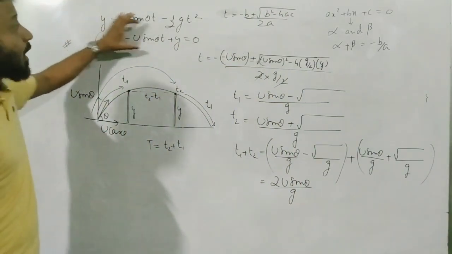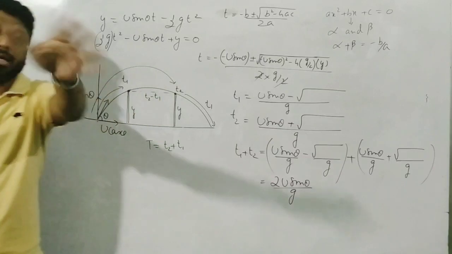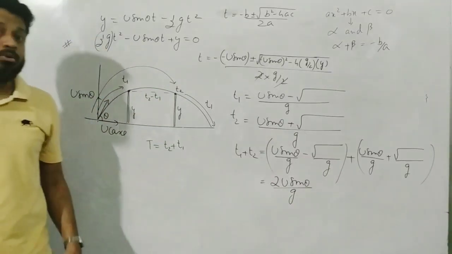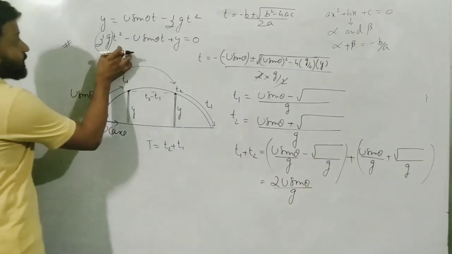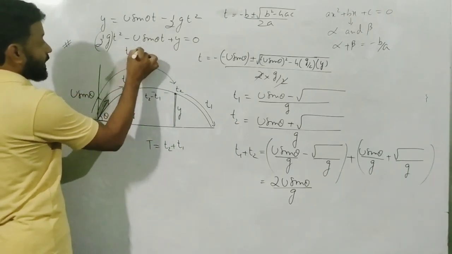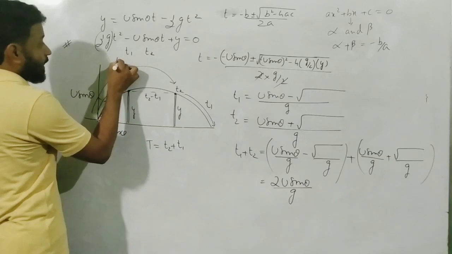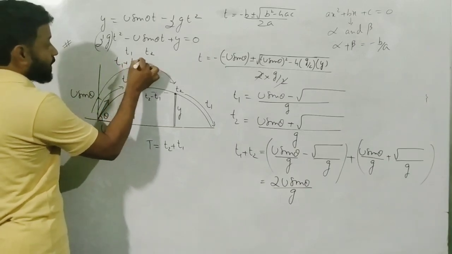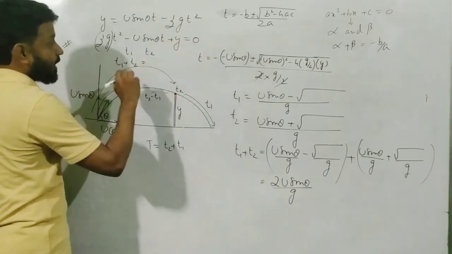Whenever you write the y equation, I am going to give you the best possible way of finding the time of flight. Suppose this is my quadratic equation, and it has two roots, t1 and t2. Then the addition of those two roots must be equal to minus b by a.